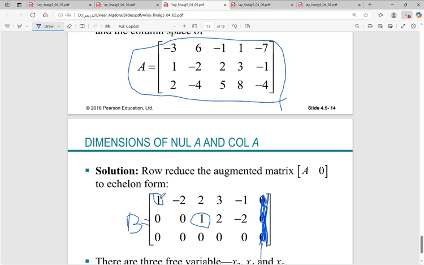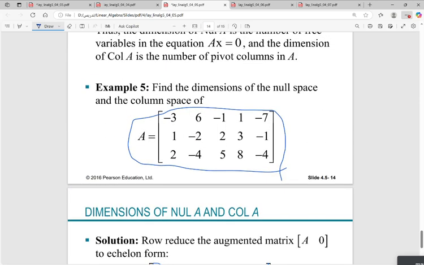So column number 1 and column number 3 are pivot columns. Now let's get back to the original matrix. We have number 1 and number 3.